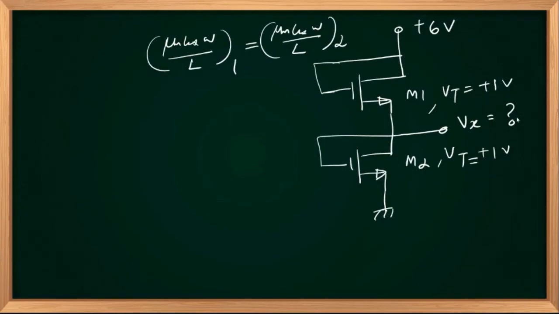Their mu n Cox W by L ratios are the same. Total supply voltage is 6 volts. Identify the value of Vx. Options are 1 volt, 2 volt, 3 volt and 4 volts. 1, 2, 3, 4 are options.